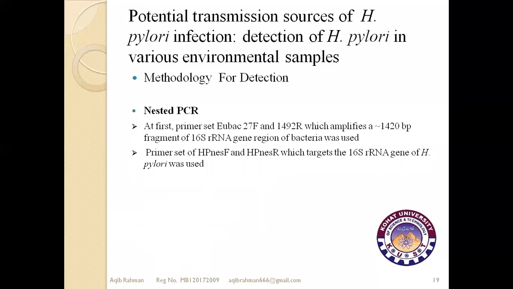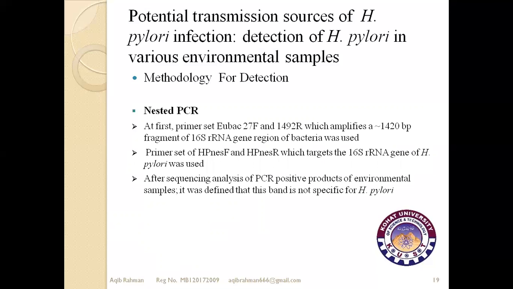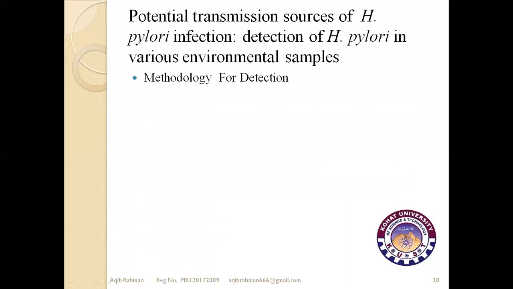Then the primer set of HPNESF and HPNESR, which target the 16S rRNA gene of H. pylori, was used. After sequencing analysis of PCR positive products of environmental samples, it was determined that this band is not specific for H. pylori.